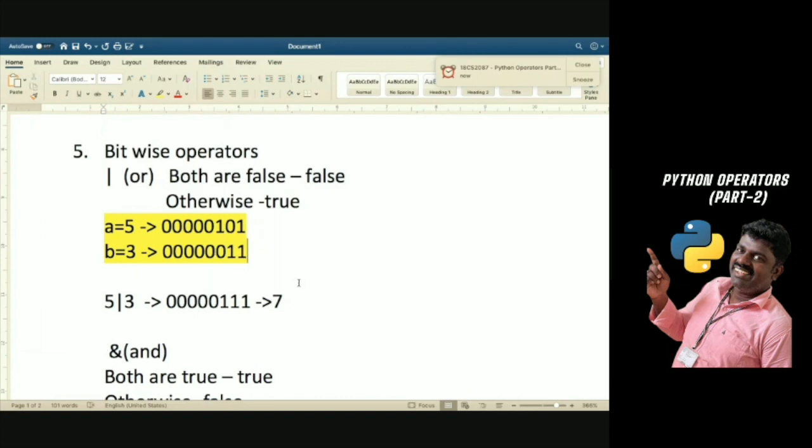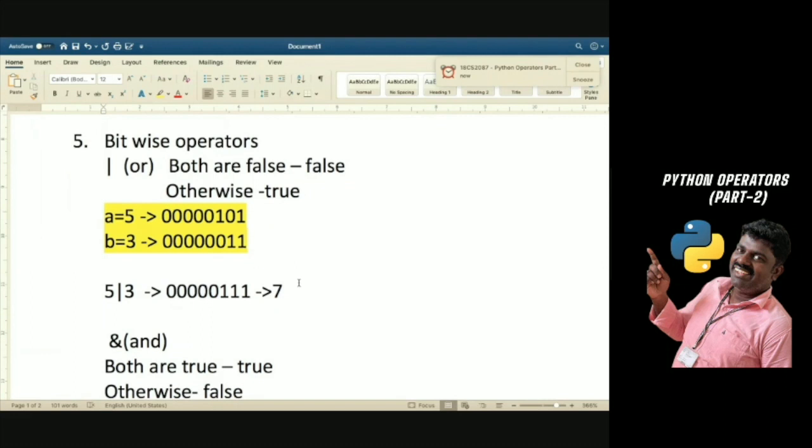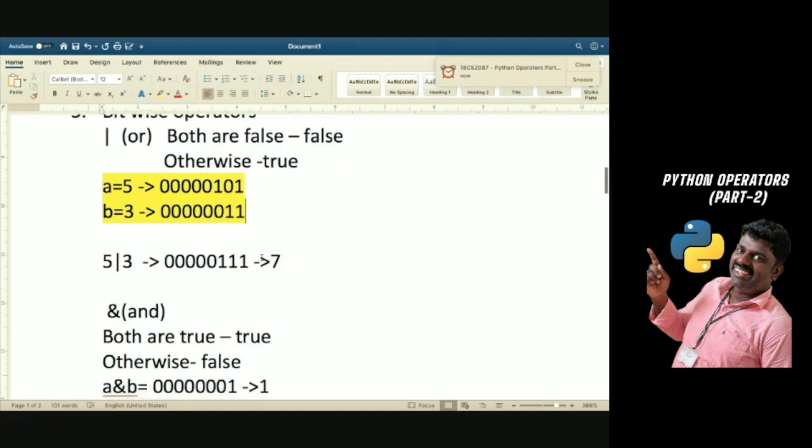All the remaining things, this one will become 1 and this one will become 1, and where both are false, then also we will have only false. For this alone we will get 1 1. So 1 1 0, I think, right?